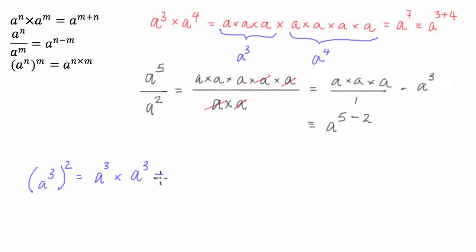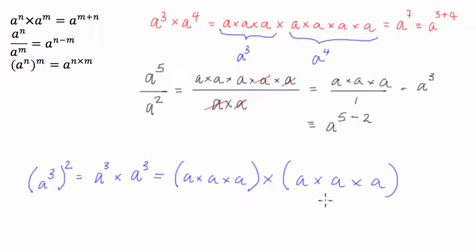So the first one is a times a times a, that's the first a cubed, times by the second one, a times a times a. That's the second a cubed.